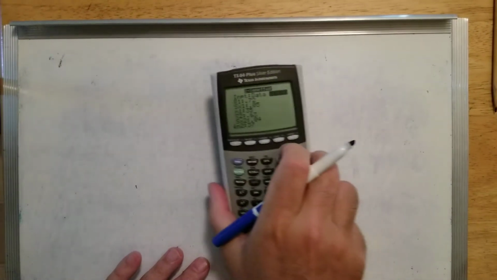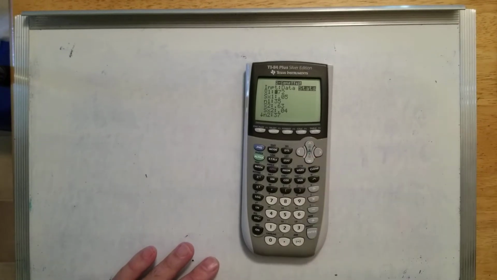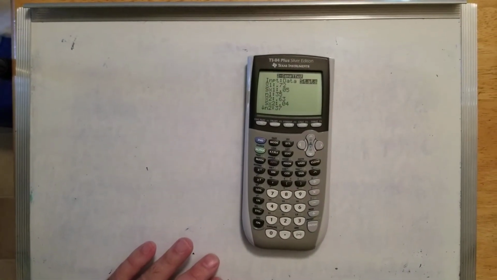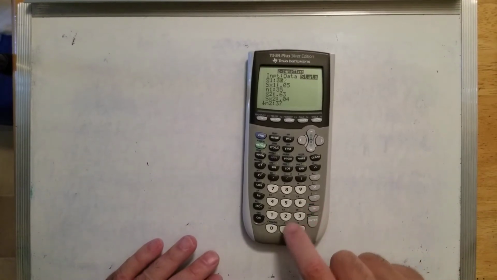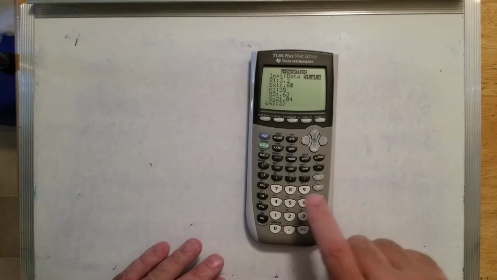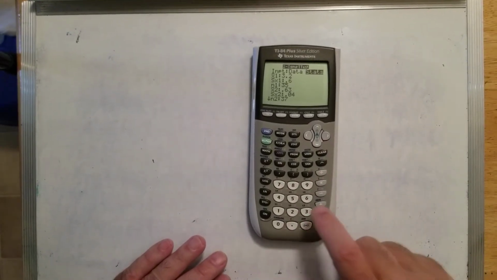So on the calculator, I'm using the stats feature. x̄1 is the first sample mean, which is 3.2 for the cats. Sx1 is the first sample standard deviation, which is 0.6. n1 is the first sample size, which is 31.